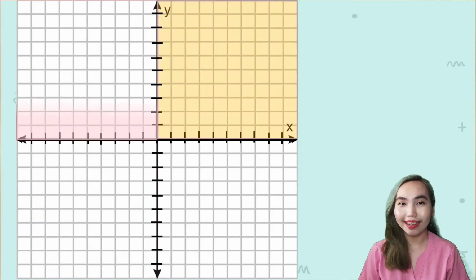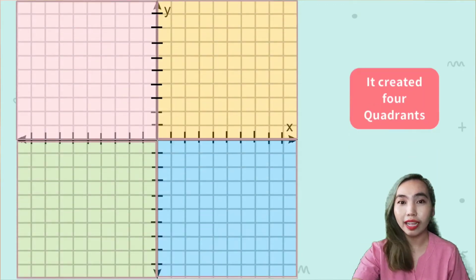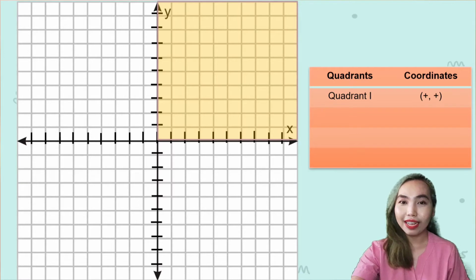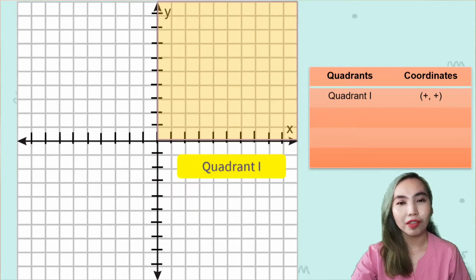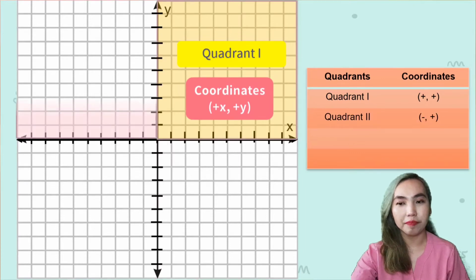This Cartesian plane created 4 quadrants: Quadrant 1, Quadrant 2, Quadrant 3, and Quadrant 4. For this Quadrant 1, we have the coordinates of positive x and positive y.